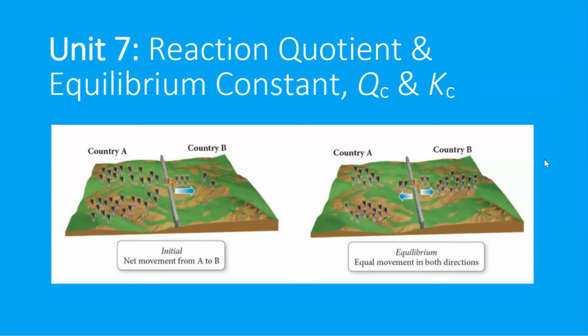Hi all, let's continue our discussion on chemical equilibrium. There are two quantities that I want to discuss in this video: the reaction quotient, which is QC, and the equilibrium constant, which typically is indicated as Kc.